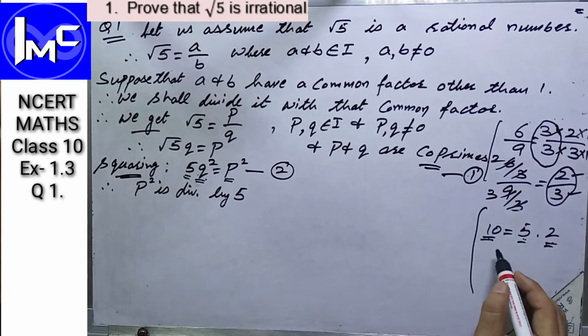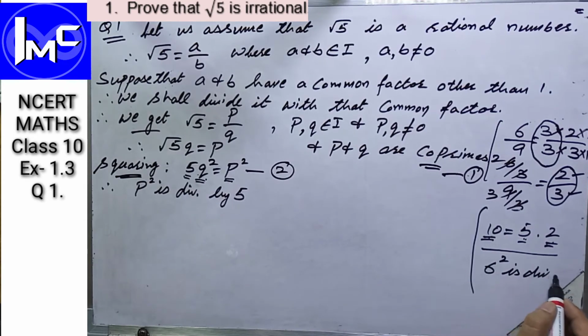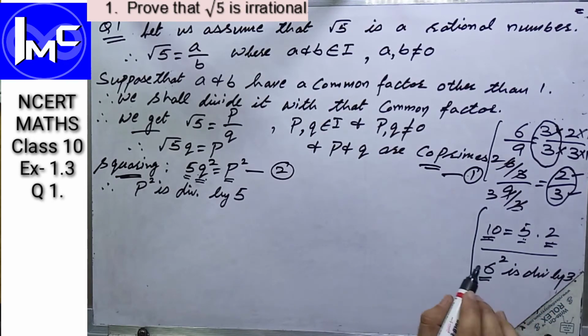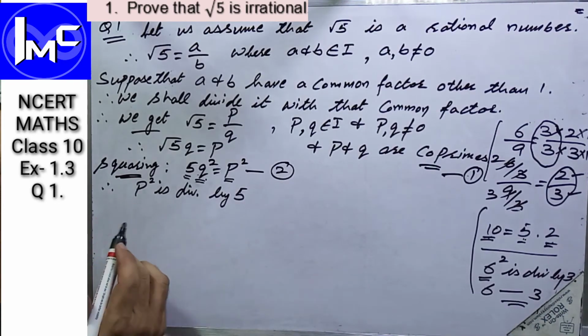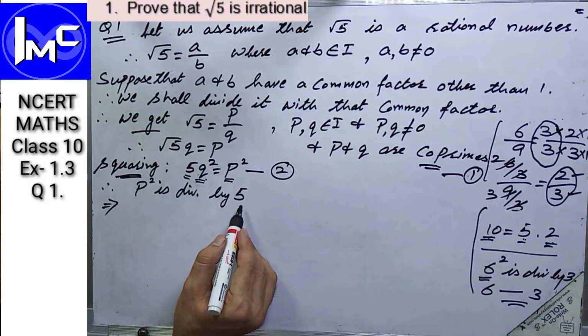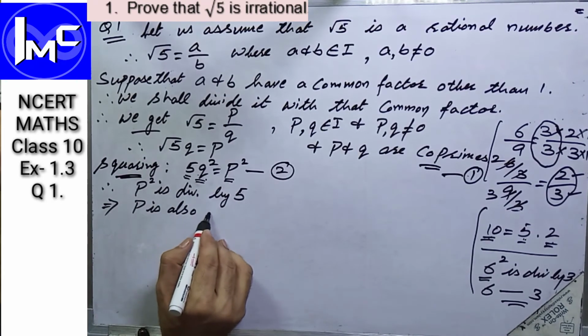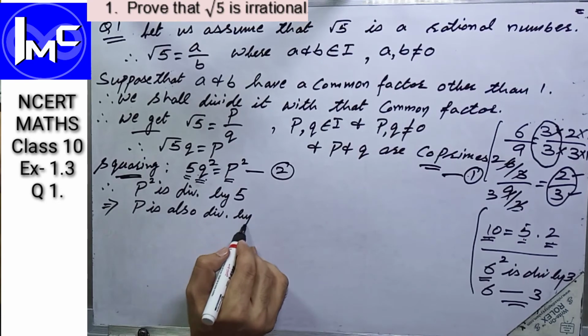And we have a rule, if the square of any number is divisible by some number, for example 6 square is divisible by 3, then that number without square is also divisible by the same number. So in this manner we shall get, if p square is divisible by 5, then p is also divisible by 5.